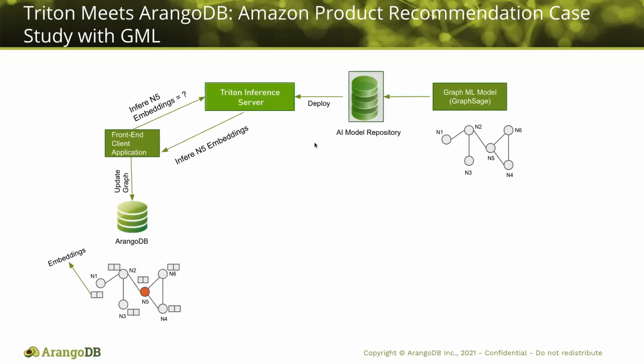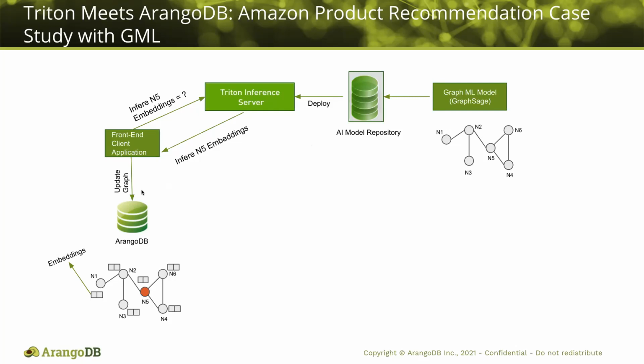So let's say N5 is the test node, and we don't know its embeddings or representations, or its product classification, like what kind of product it is.